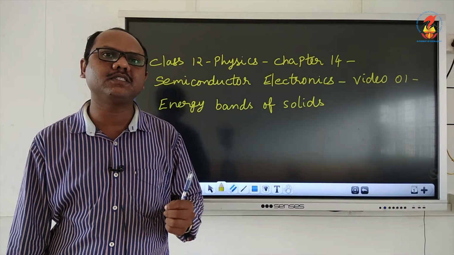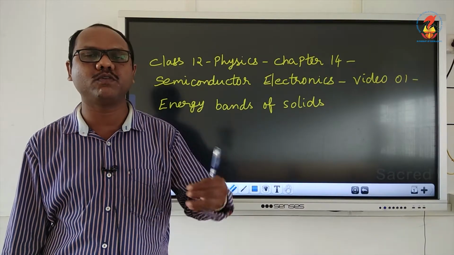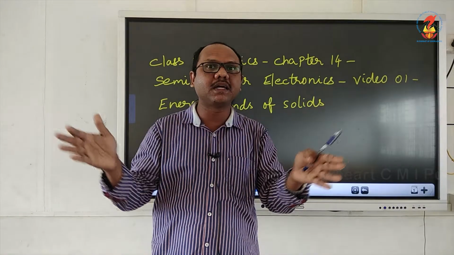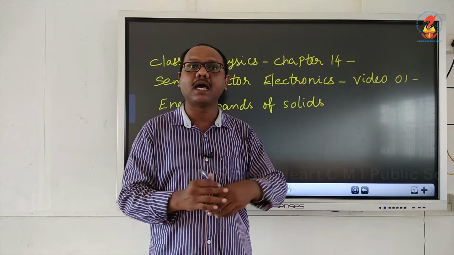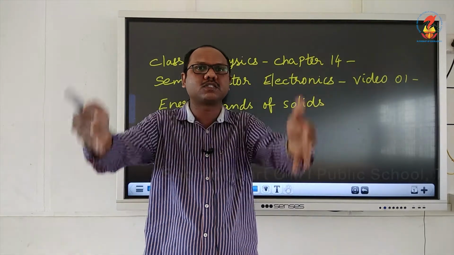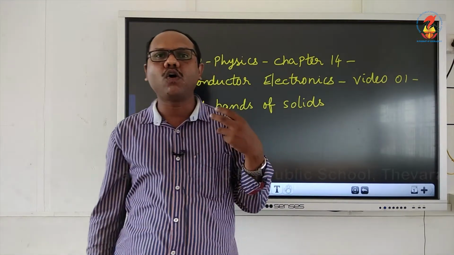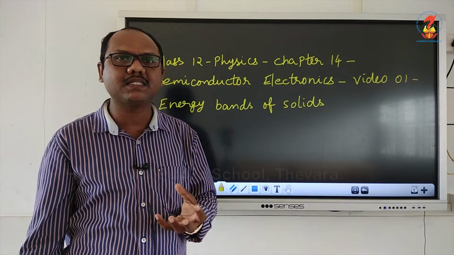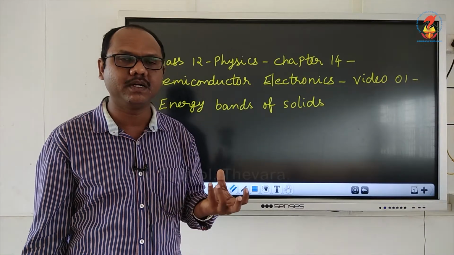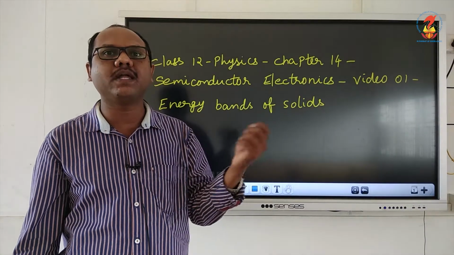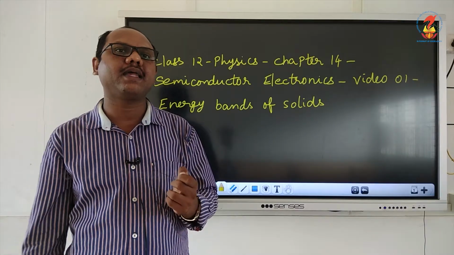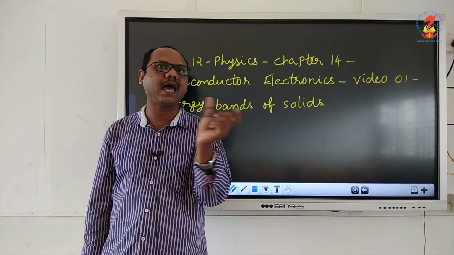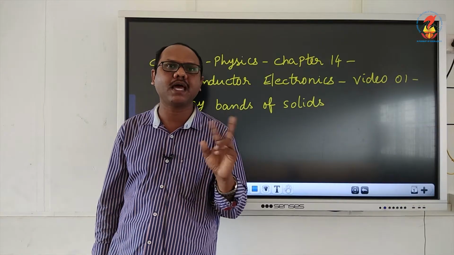In earlier times we were using vacuum tubes, vacuum diodes, etc. You have already seen very big radios and televisions. They were so bulky. In those models we were using vacuum tubes. A vacuum tube is an evacuated glass tube where two electrodes, the anode and the cathode, are kept.